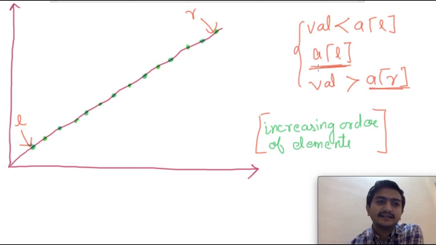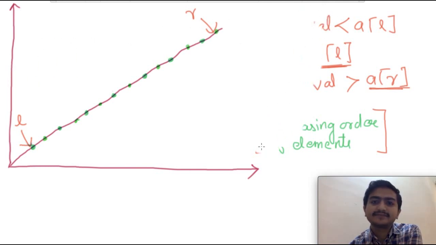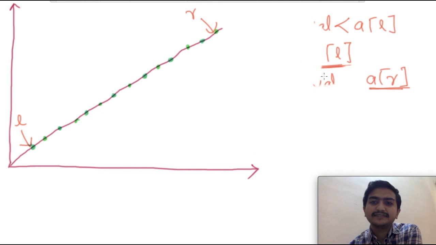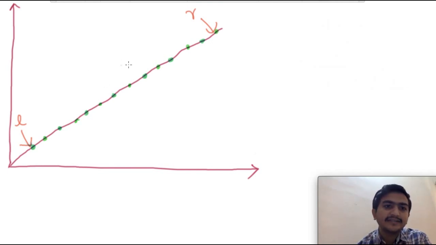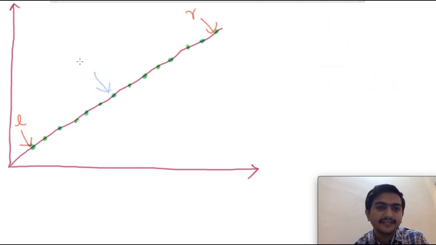And then what about other cases? Let me just increase the size so I have some space, and let's do an iteration here to find out exactly what happens. If you calculate, the mid value will be somewhere around here. I am not calculating exactly, mid will be somewhere like (L plus R) by 2.